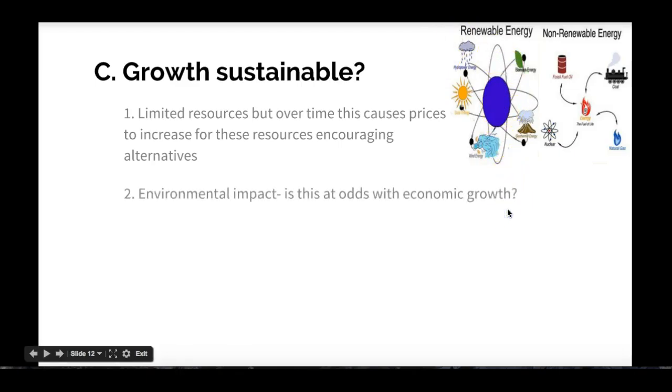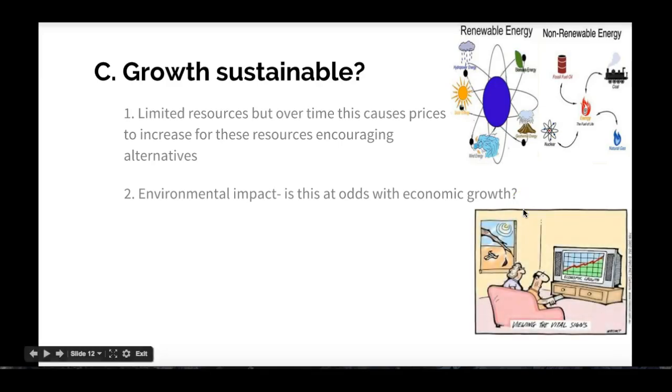So what about the environment? Is the environment at odds with economic growth? Is it an either-or thing? If I want economic growth, am I going to have to sacrifice things that are negatively impacting the environment? Or vice versa, if I want to save the planet and I want to be environmentally friendly, am I going to have to give up economic growth? Well, that is for debate.